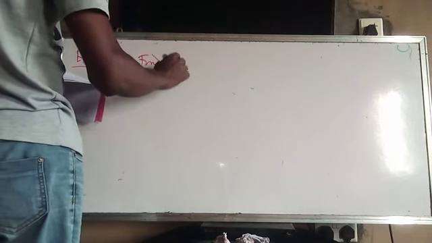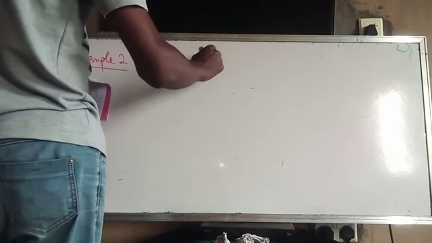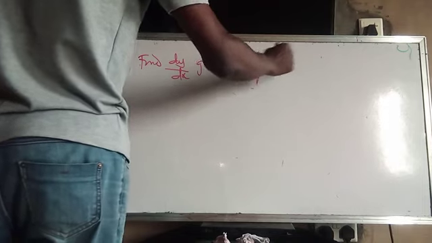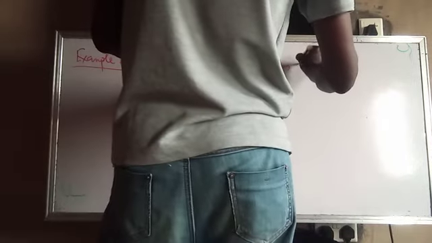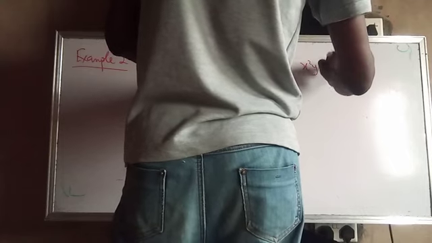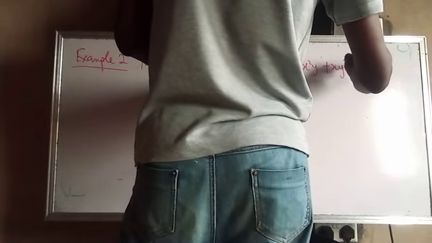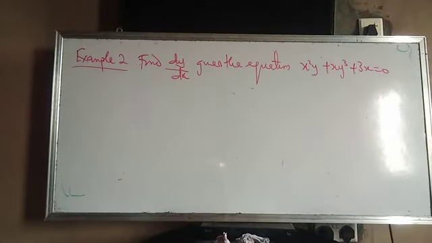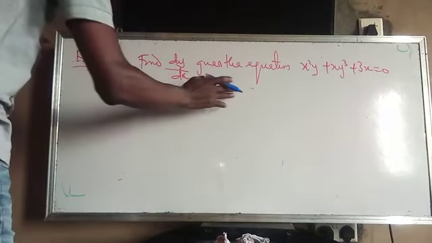Find the dy/dx given the equation. What's the equation? x squared y plus xy cubed plus 3x is equals to 0. This is even easier. Let's do that.